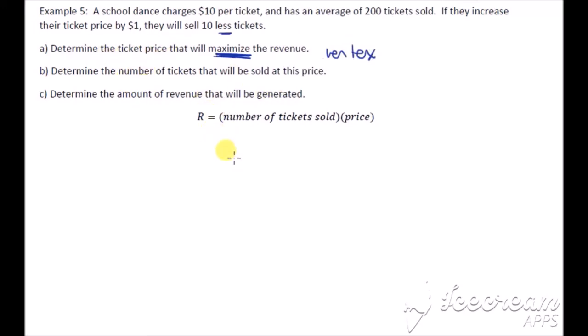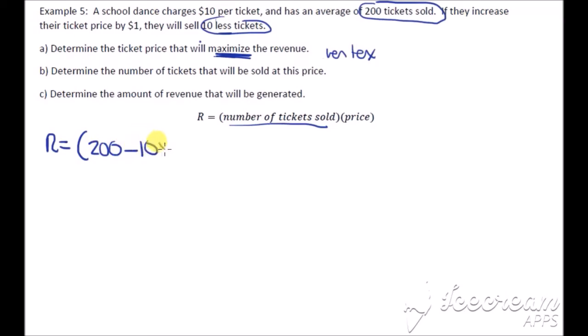So what we want to do first is find an equation. So I'll give you the setup of this equation. We're going to have revenue equals, and we're going to put the number of tickets sold all in one bracket. So tickets sold would be 200. And then every time they increase their ticket price, they're going to sell 10 fewer. So we're going to have 200 minus 10x.